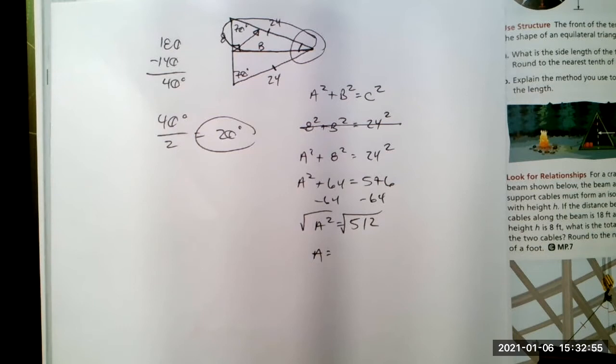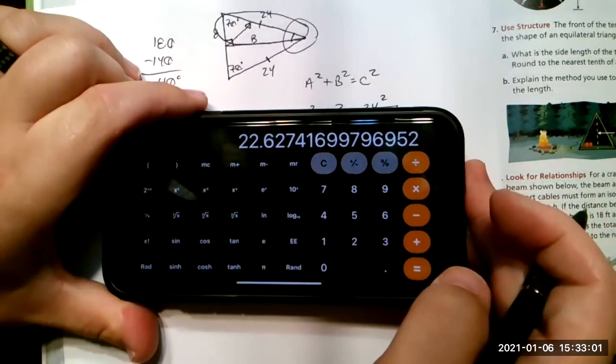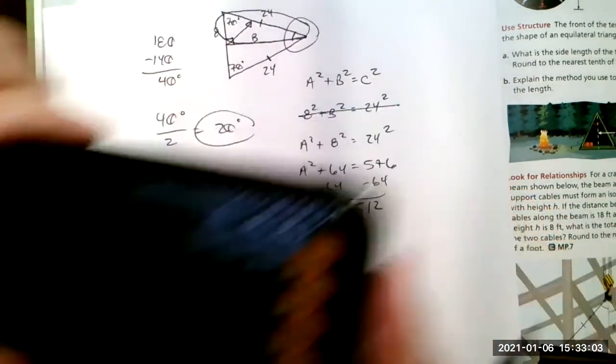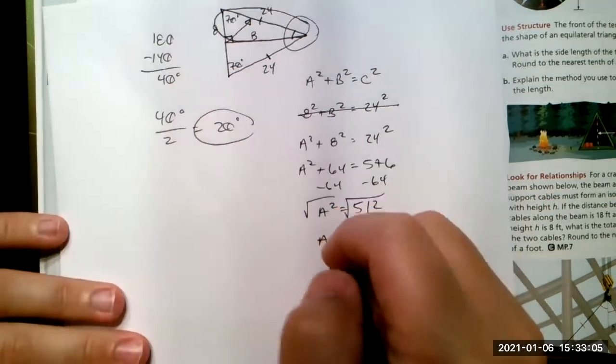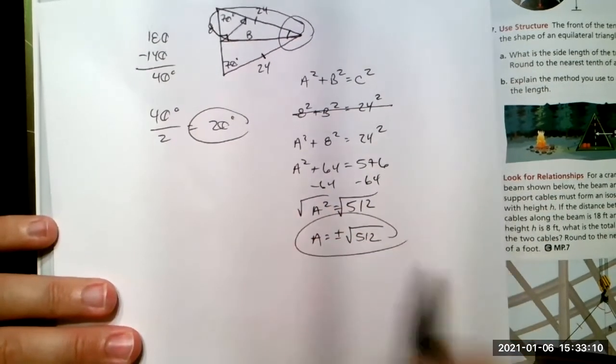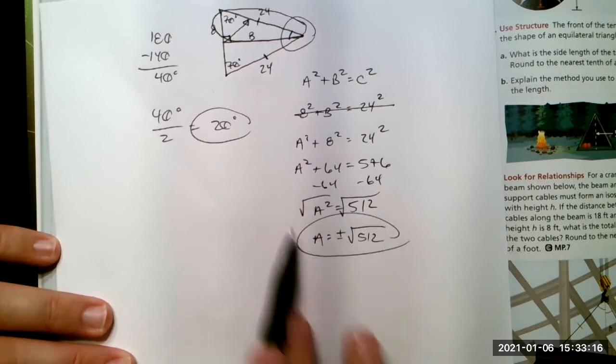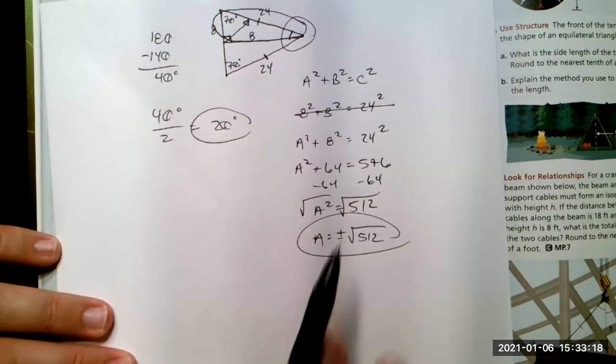The square root of 512 is a pretty nasty decimal. So instead of rounding off this decimal, I'm just going to keep it as plus or minus the square root of 512. Because if I rounded that decimal, it technically wouldn't be the exact answer. But if I keep it as the square root of 512, then it is the exact answer.